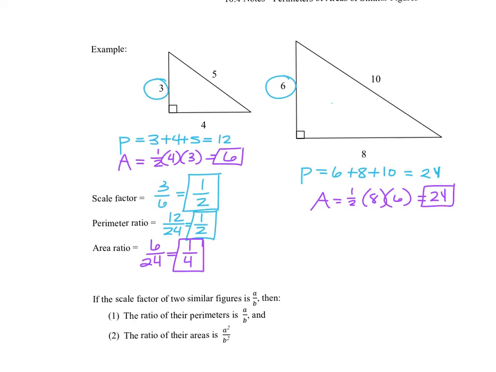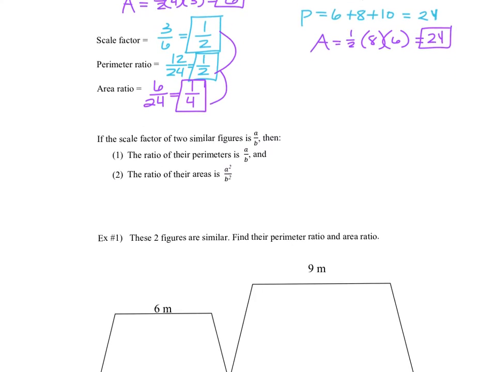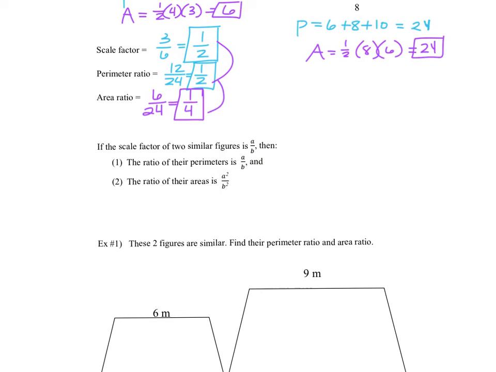Okay, now here's what I need you to see. There is a relationship between those numbers. If you look down here, this is the relationship. A scale factor being A to B will always be the same as the ratio of the perimeters of the figure.